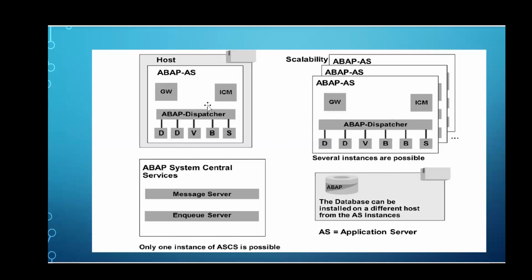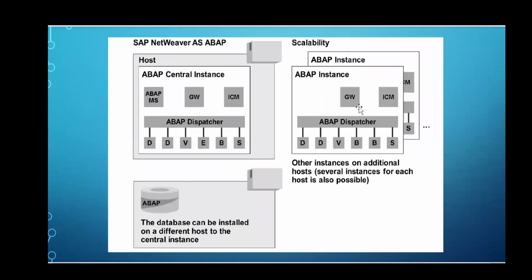Scalability is nothing but your scale out. You have multiple instances, just like scale out in HANA. You have a scale out option in SAP. Scale out is different, don't get confused. Very simple.